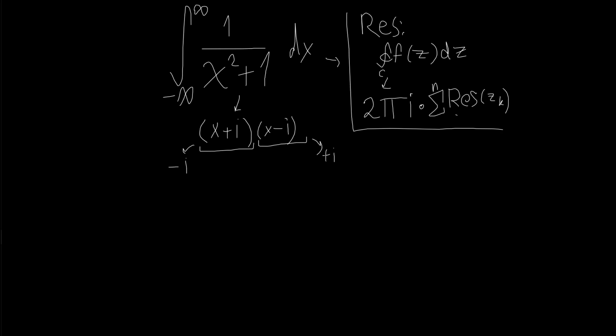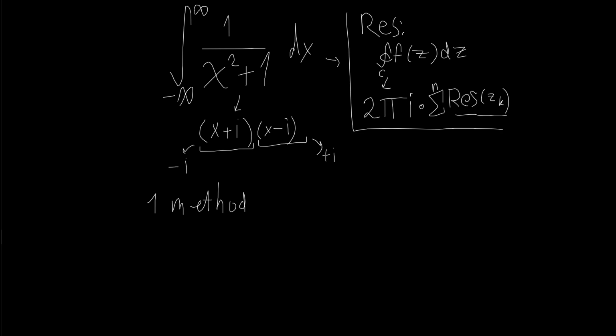So how do we find these residues? There are two methods that you should know. Well, there are technically three, but two main ones that are important. The first method works for all multiplicities on the bottom. By the way, multiplicity just means if this was squared or cubed or something, that would be multiplicity 2.